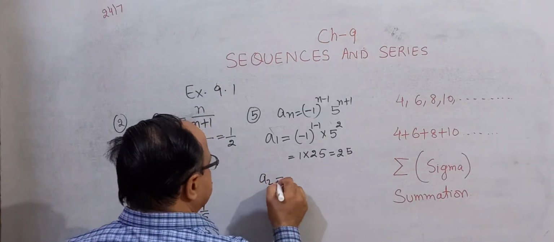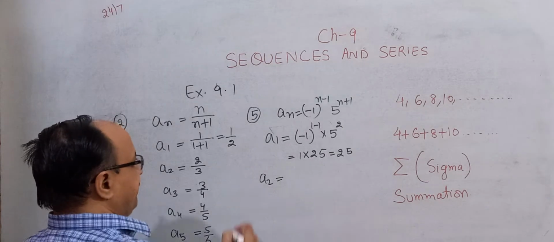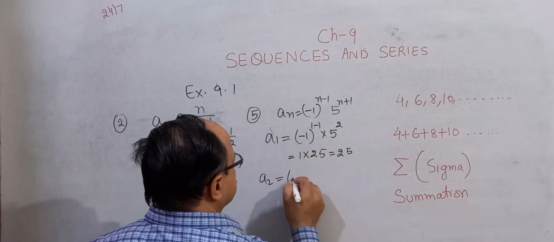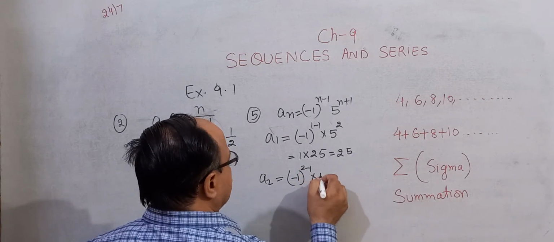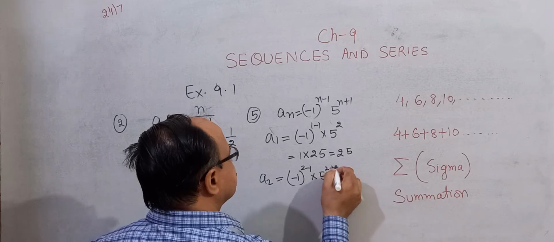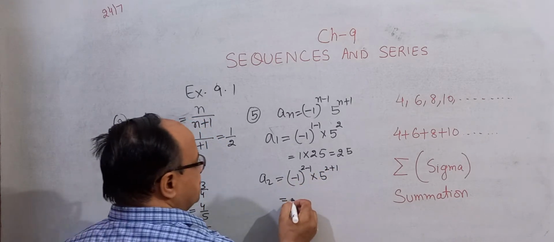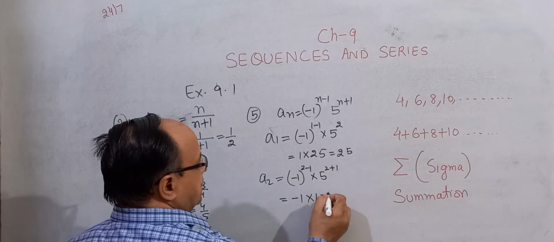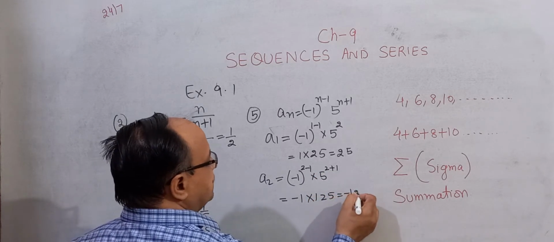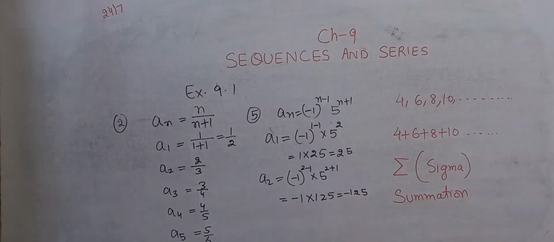a2 means put n is equal to 2. Put in a2: minus 1 to the power 2 minus 1 and 5 to the power 2 plus 1. Minus 1 to the power 1 is minus 1, 5 to the power 3 is 125. The answer is minus 125. Correct?